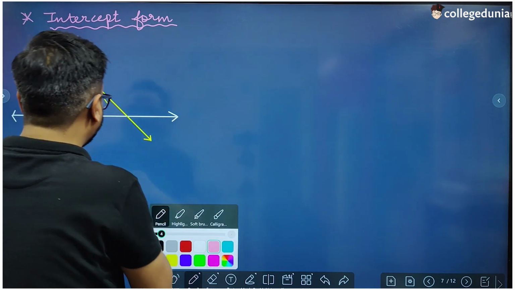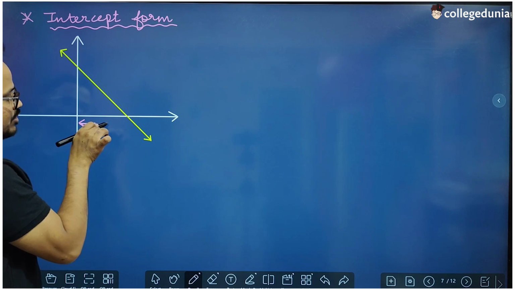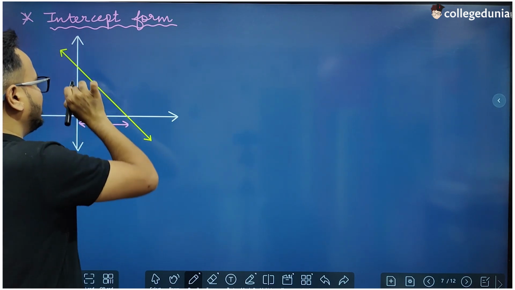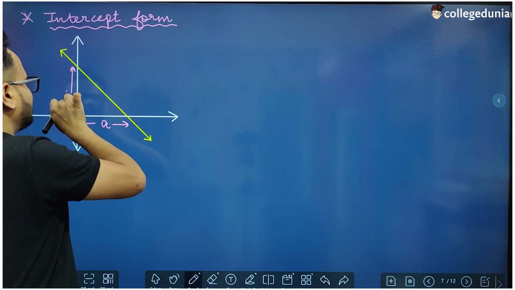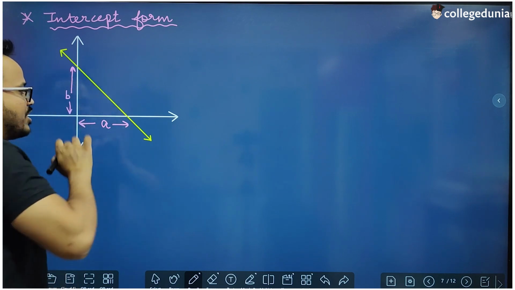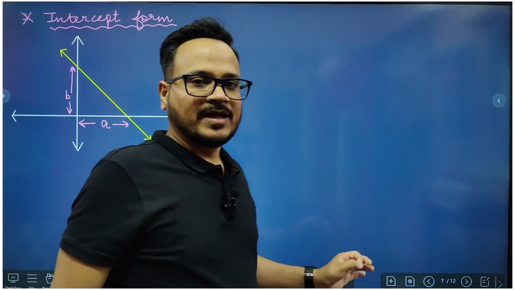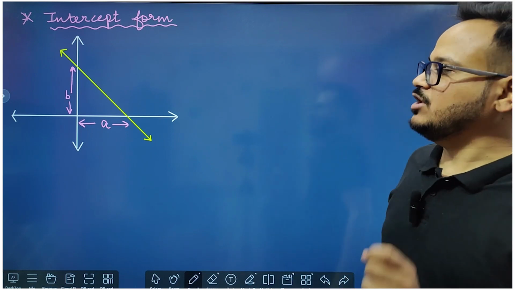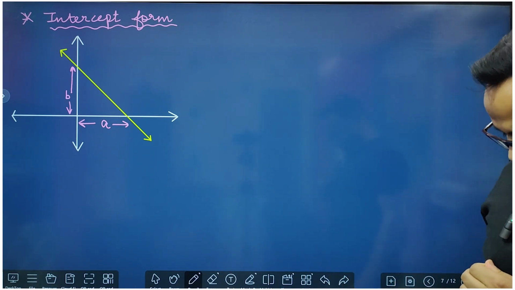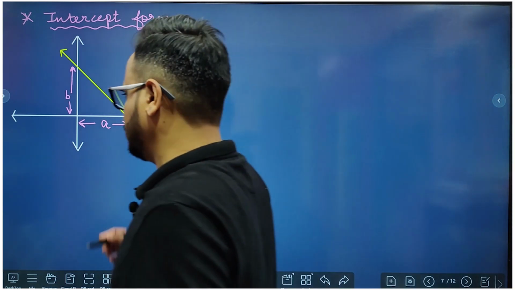Let us say this x-intercept is A, and this y-intercept is B. So in this case we know the lengths of both the intercepts and we do not know the slope of the line. So no problem.